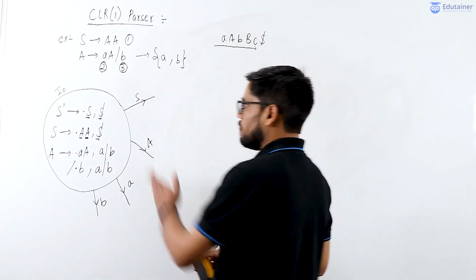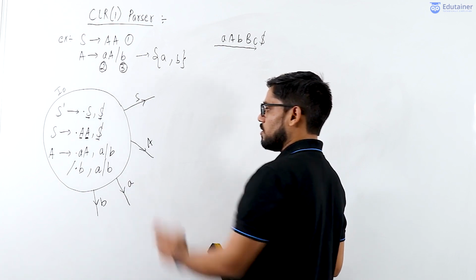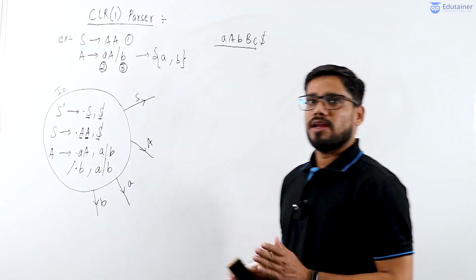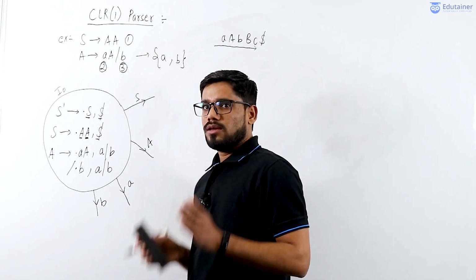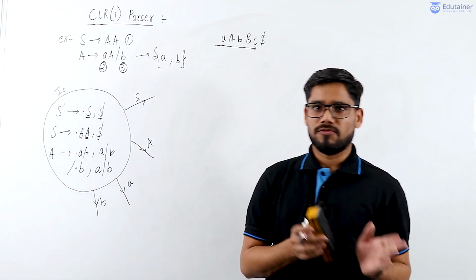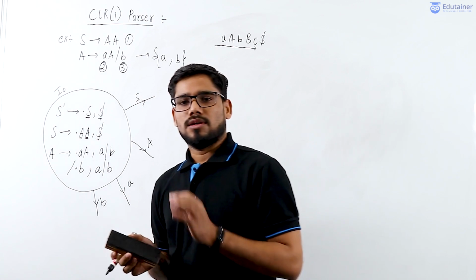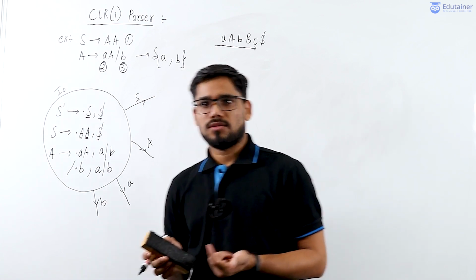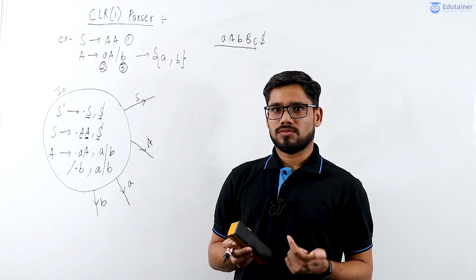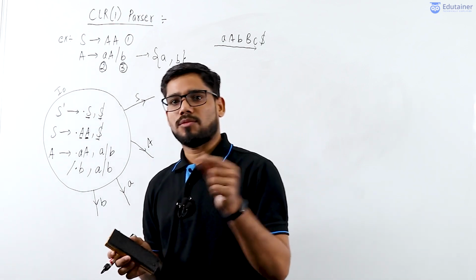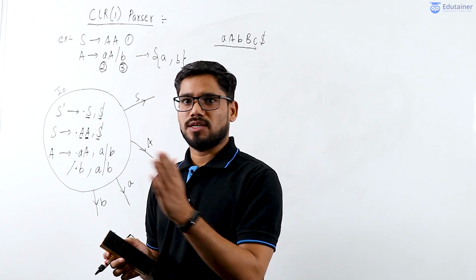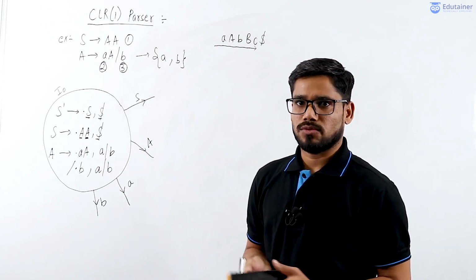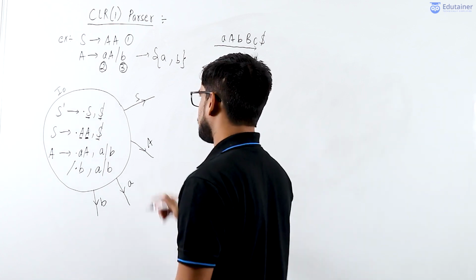Always remember, whenever you take a transition on either a variable or terminal, the look ahead symbol will never change. But after the transition, if you add some other production because of a variable present after the dot symbol, then the look ahead symbol might change. Okay, so remember this rule.